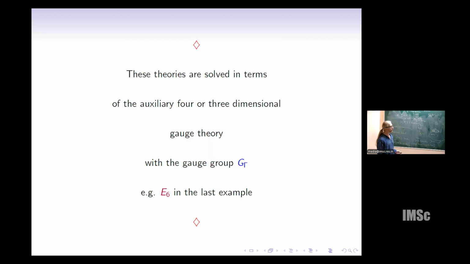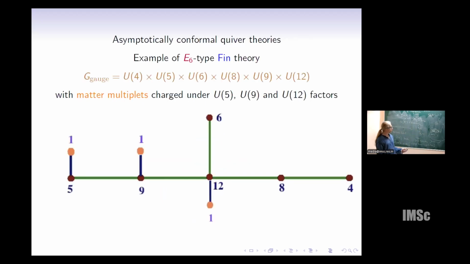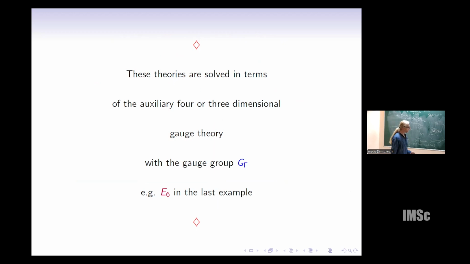So it's not the gauge group of the theory. It's something which is emergent from the arrangement of gauge factors and matter fields. For example, to solve the U4 cross U5 cross U6 cross U8 cross U9 cross U12 gauge theory with this arrangement of bifundamentals and fundamentals, you need an auxiliary gauge theory with a gauge group E6.